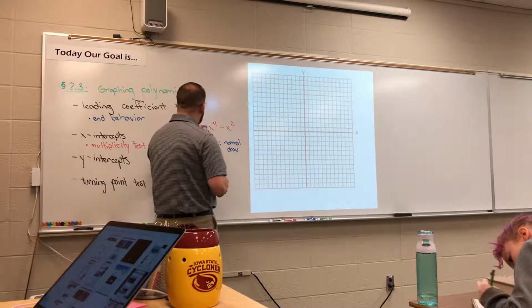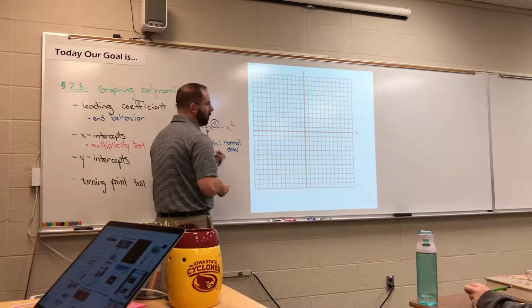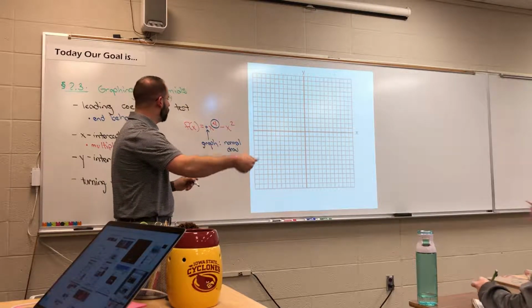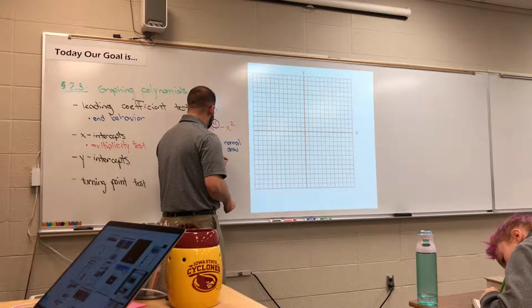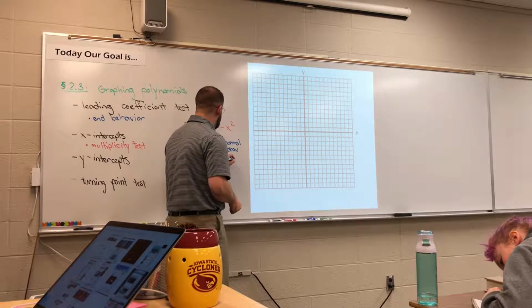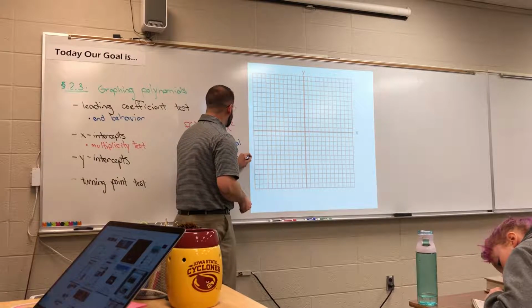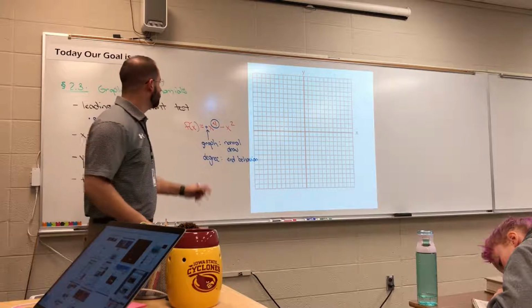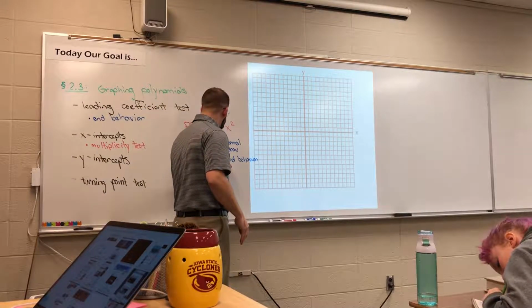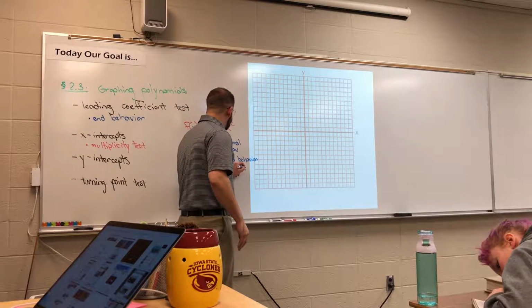Now, the power on the leading coefficient, the biggest power, the highest degree, will tell us the tails, the end behavior. If the power is even, the tails go the same way.